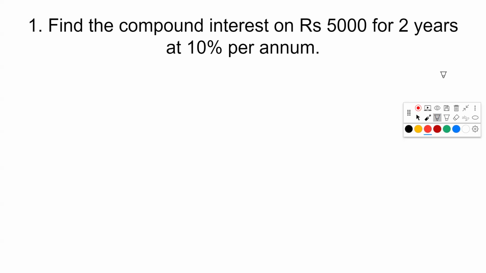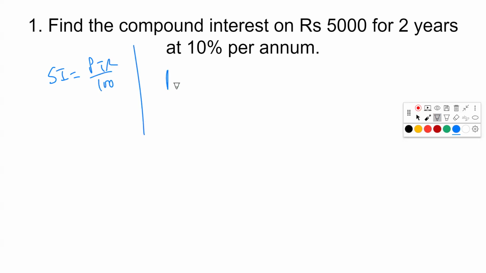You should have clarity, right? This is a common mistake most students make. In simple interest, you have a direct formula, that is PTR by 100.